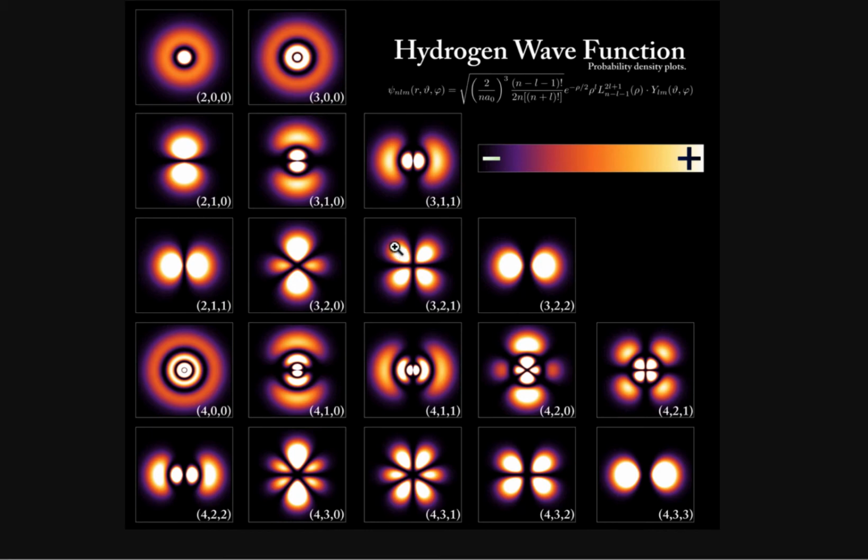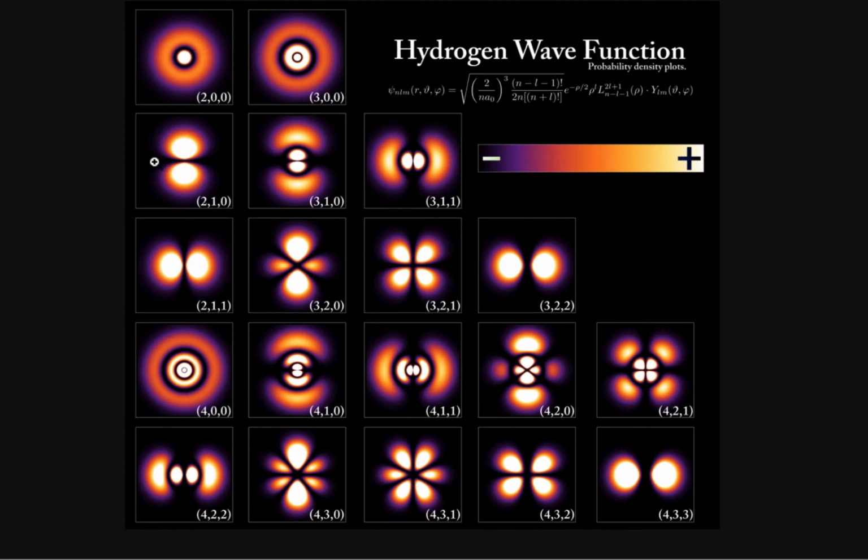So what am I talking about in terms of nodes? You can actually see them really well in this image, and that's why I'm starting you out here. These nodes are the dark places in between the bright places, right? So we had two kinds of nodes. We have radial nodes, and those look like a ring or a sphere.